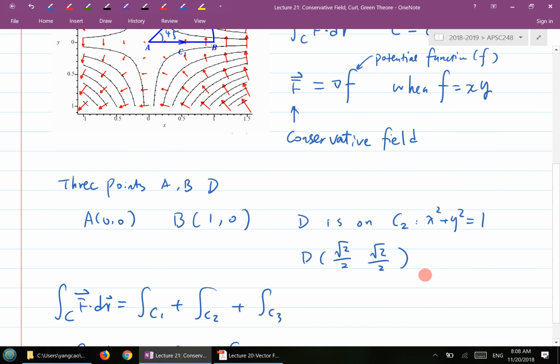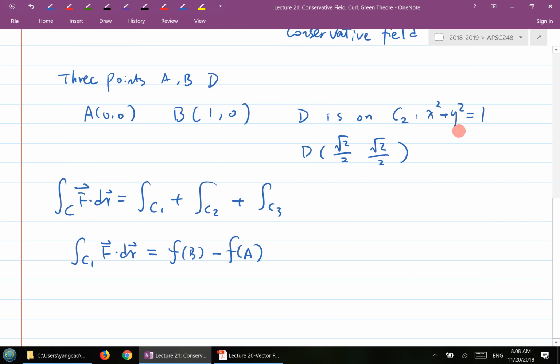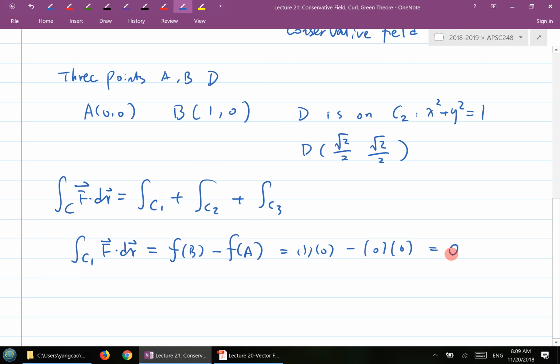So B is (1, 0), so you plug in 1, 0 into xy, you get 1 times 0 minus 0 times 0, and you get 0. That's so easy, right? That's much easier than plugging all these parametric equations into the line integral. But this only applies when it's a conservative field, okay?